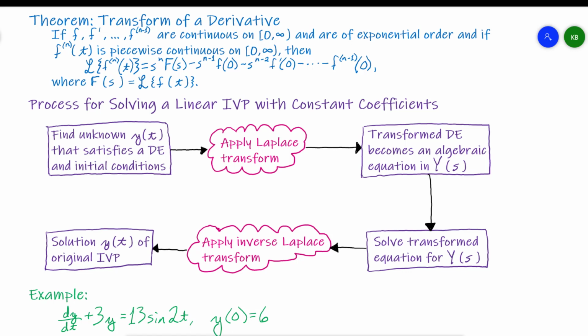So let's take a look at an example where we're going to be solving the differential equation dy/dt plus 3y equals 13 sine of 2t with an initial condition of y of 0 equals 6. We could use methods that we've used before to solve this differential equation.